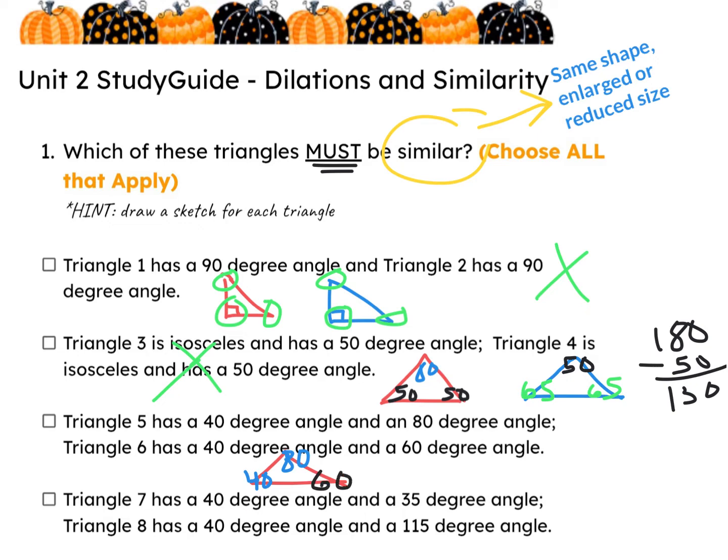So that's triangle 5. And then triangle 6, I have a 40 and a 60, so that third one would have to be 80, because 40 plus 60 is 100. I need 180. So this one is true. Okay, so we found a true one. Let's check the last one.